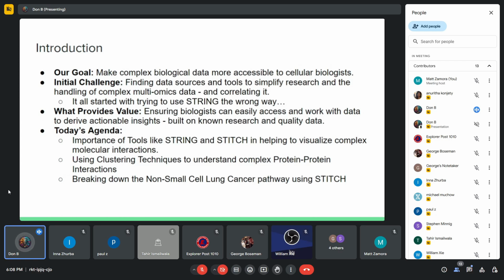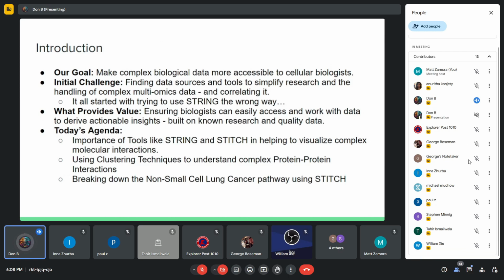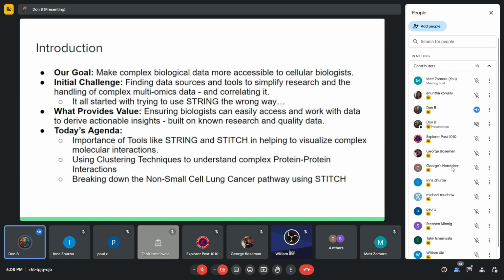So, a quick run through today's agenda. I'm going to start with a very quick deep dive of String and Stitch, and how they can help visualize the complex interactions. And then I'll do a very quick intro of what MCL, a specific type of clustering, looks like in String before handing it over to Inna.